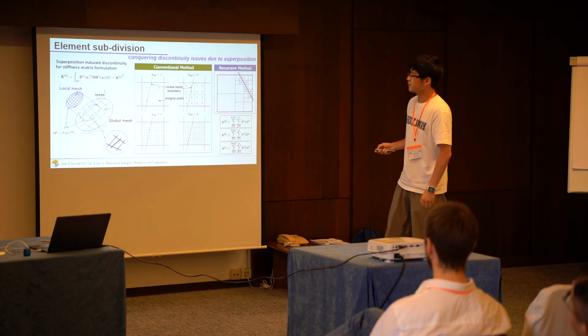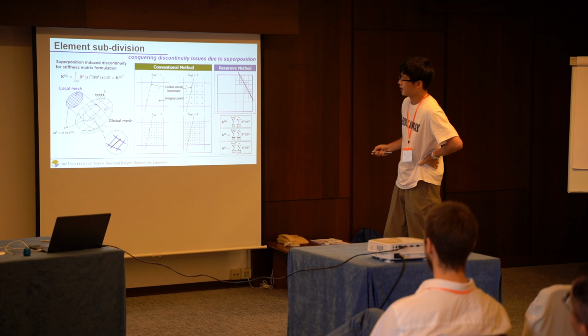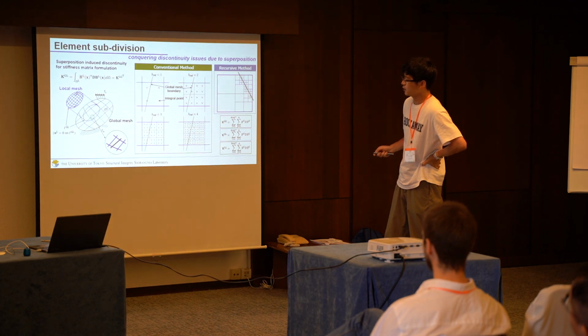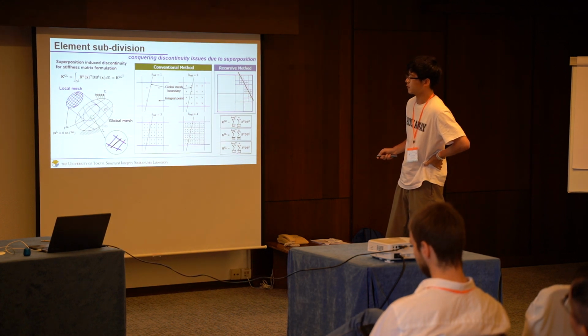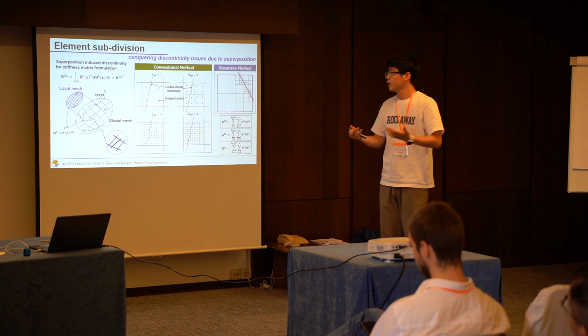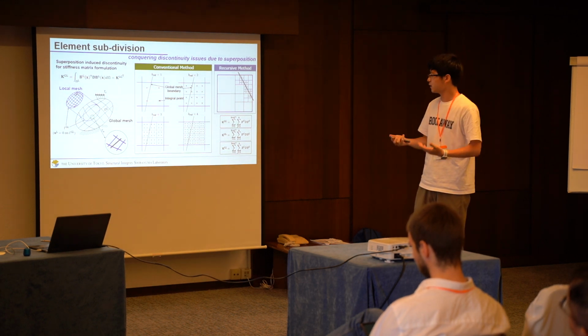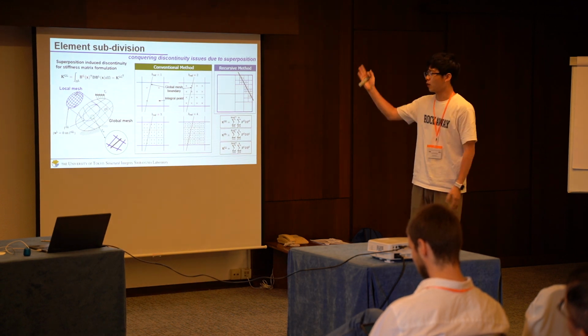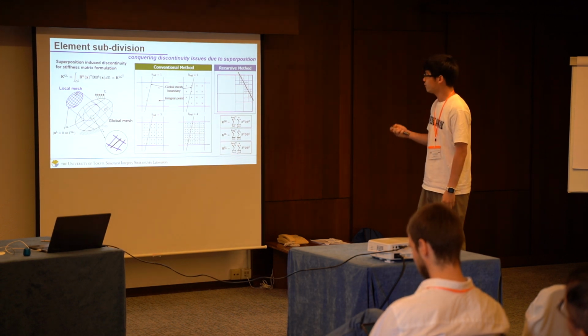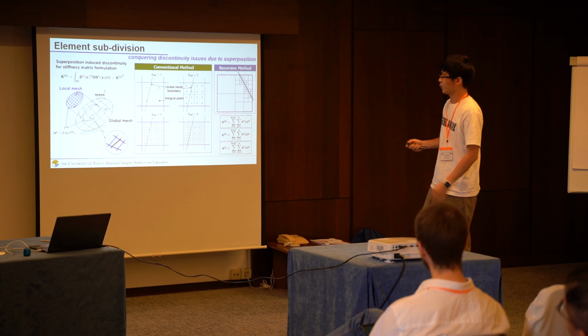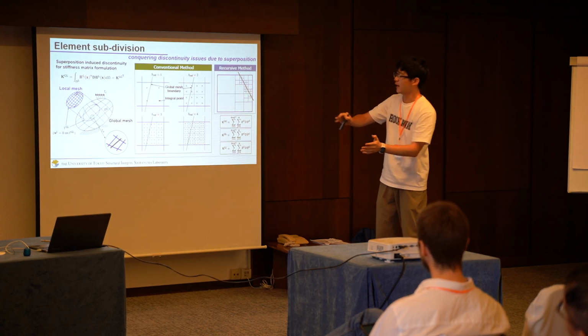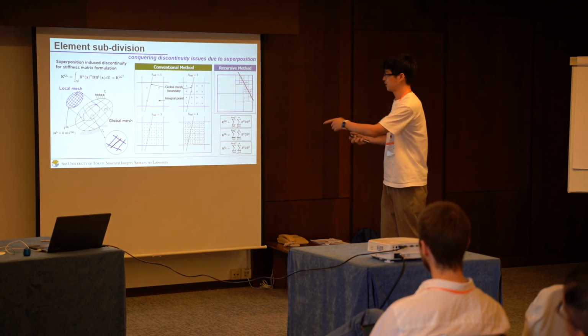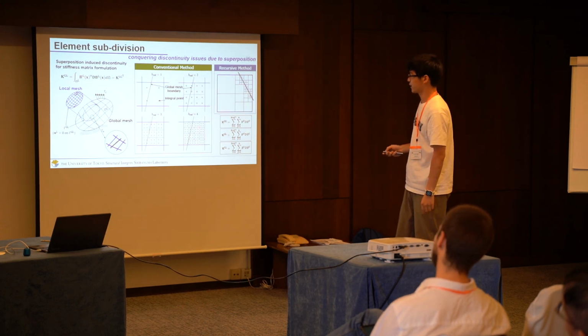In this figure, we can see that there are some discontinuities between the global element and the local element, and it may cause error. So in order to improve the accuracy, we need to add more integration points along the discontinuities. In the conventional method, we first divide the global element into many small rectangles, and we add more integration points like this.